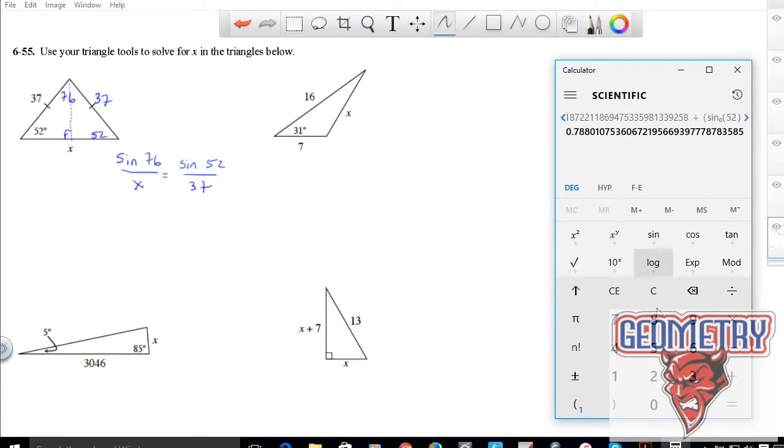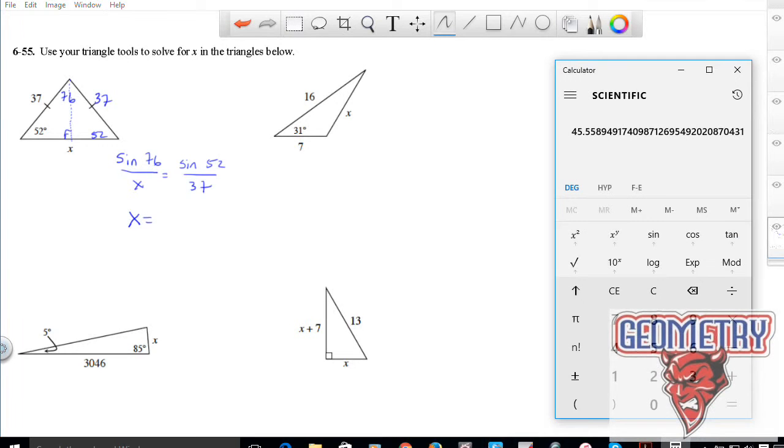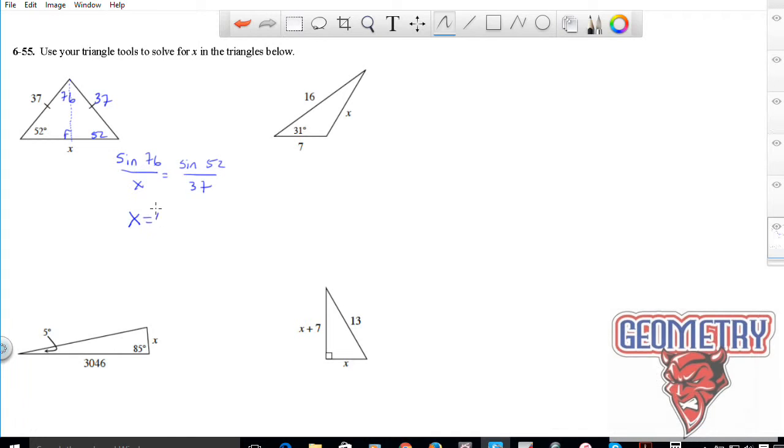So divided by the sine of 52, our value of x is, let's see, 45.56, somewhere around there. Sounds good. Okay, so that was using the law of sines.